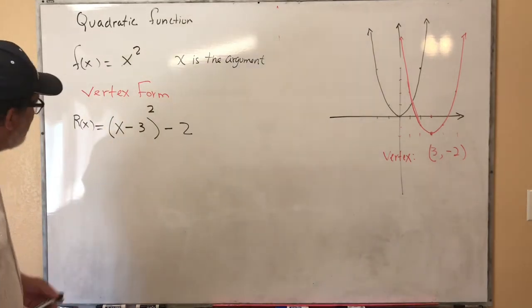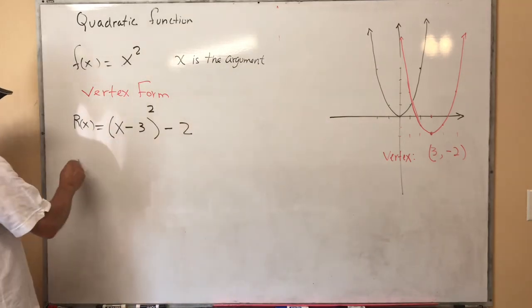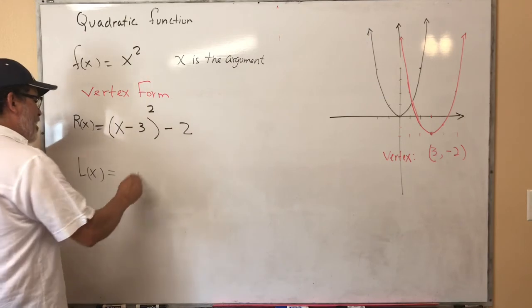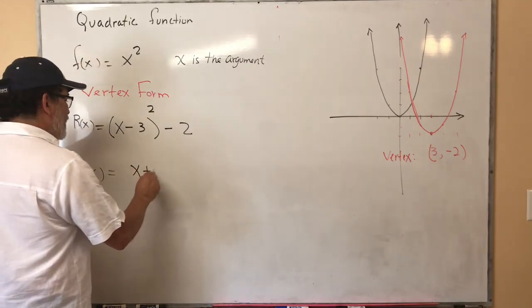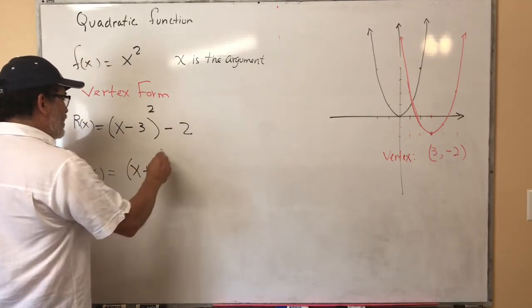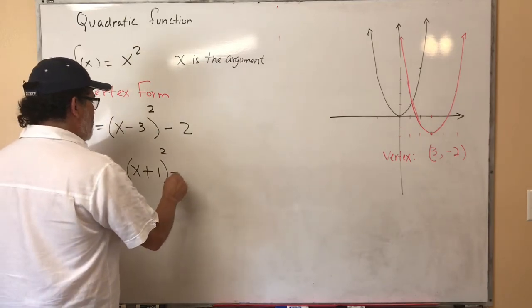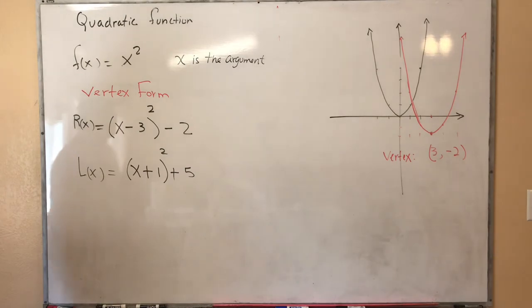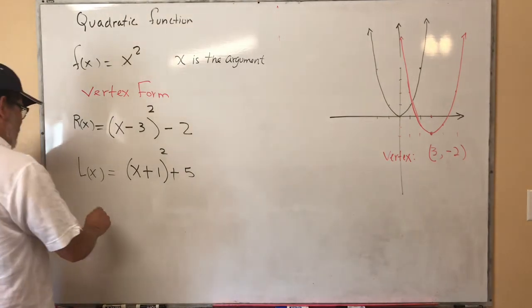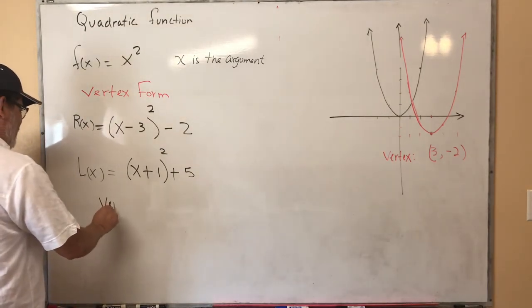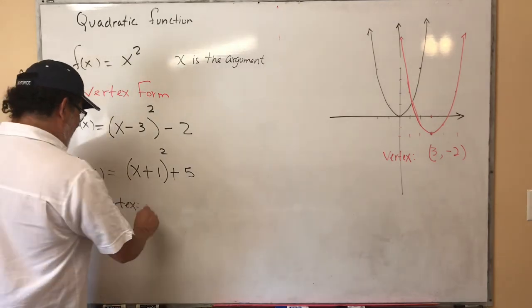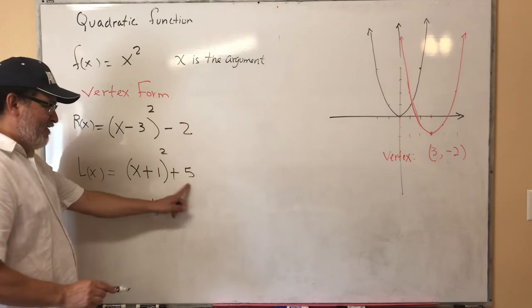Sure, we can do it again. Watch this. I'm going to say L of x equals x plus 1 quantity squared plus 5. Can you give me the vertex? Sure. The vertex is -1, comma 5.